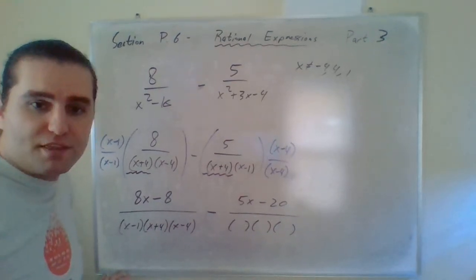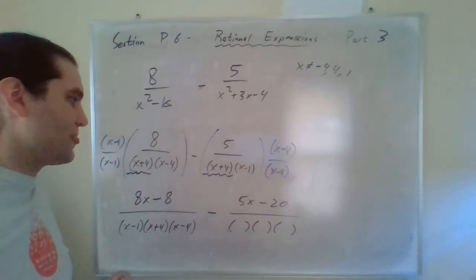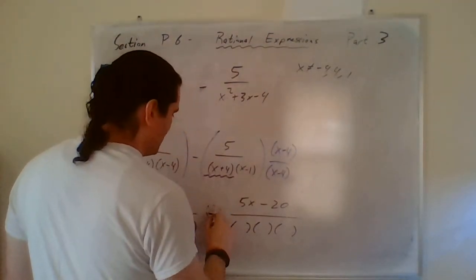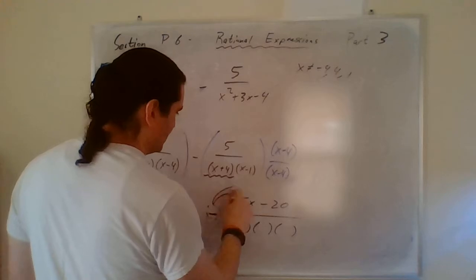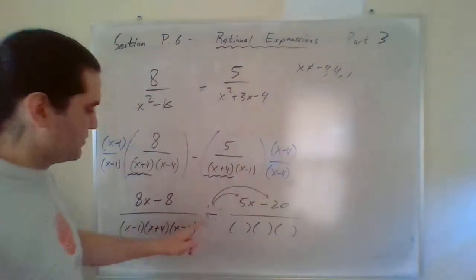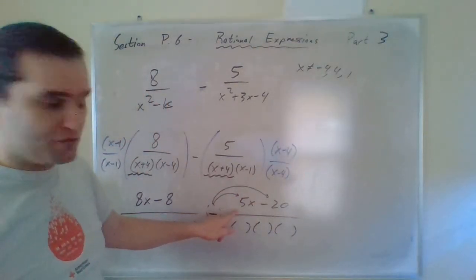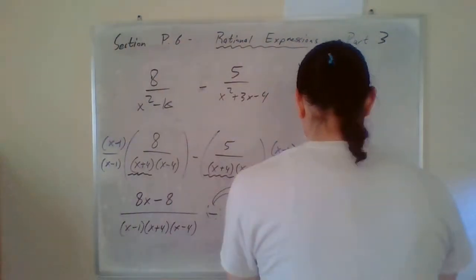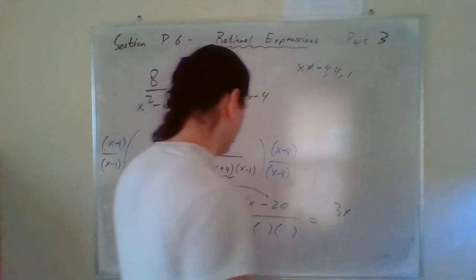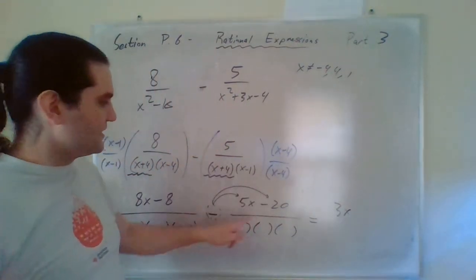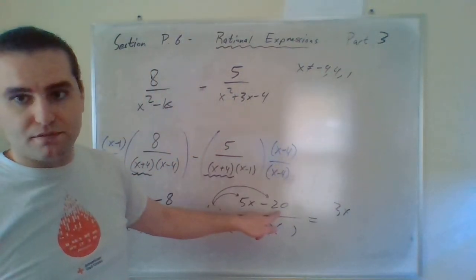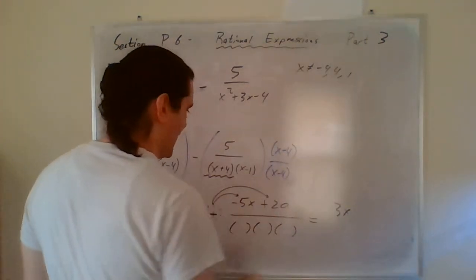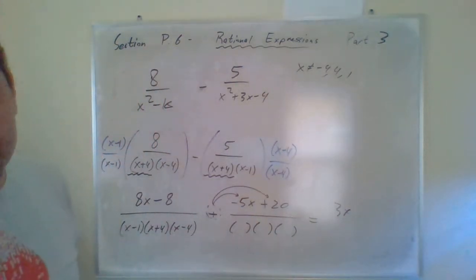Here's an interesting thing to keep in mind about subtracting. You have to subtract the whole thing. So we're subtracting 5x. Sure, and when we do our 8x minus 5x, we're going to get a 3x. That's fine. But we are subtracting -20, which is sort of the same as adding 20.